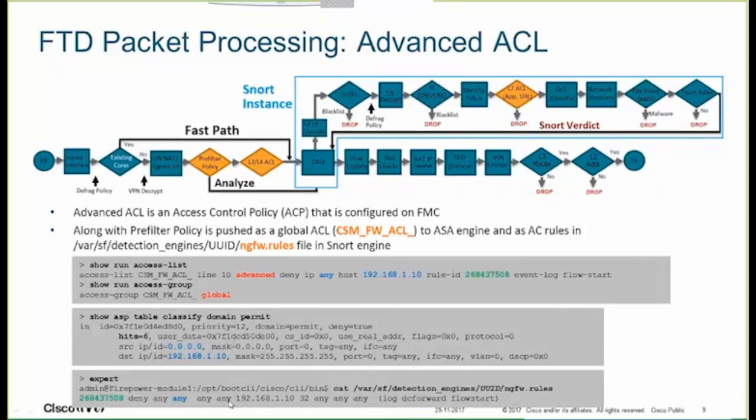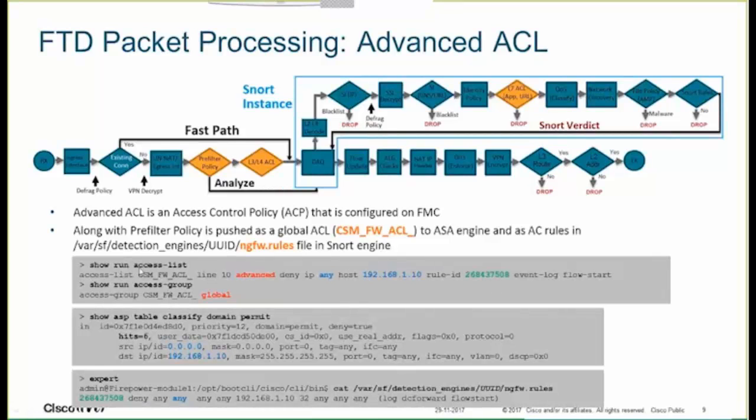Then the next any is for the destination interface, then the destination IP, the subnet mask, and the port again, and we are denying this traffic here. Now if you notice the rule ID, this is an easier way to identify.